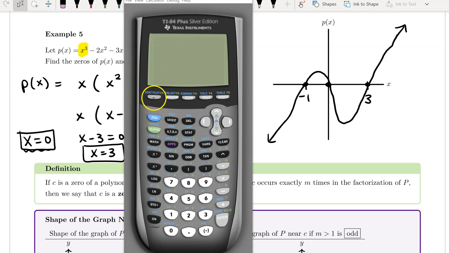So if you click y equals, and then we can go ahead and enter in our function. So I'm going to do x cubed minus 2x squared minus 3x. And after I've entered in my function, I can go ahead and click graph. Now my window might not be great, so let's see.